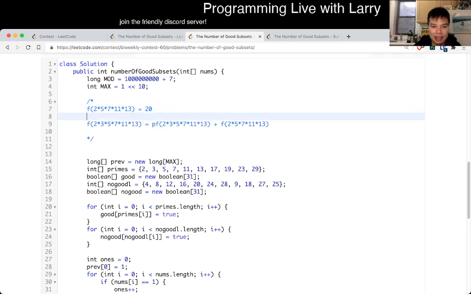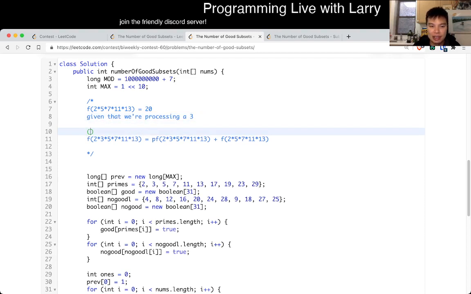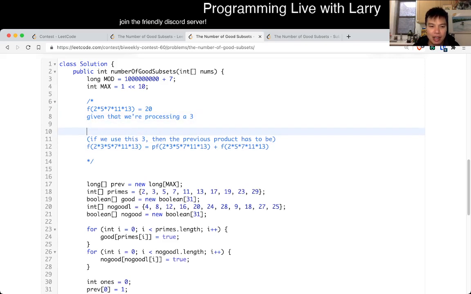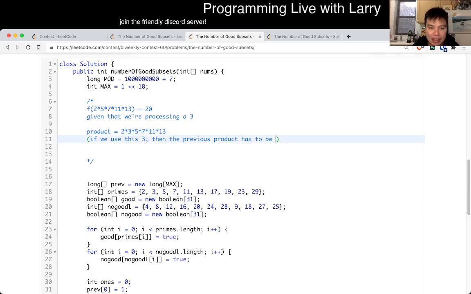So basically, given that we're processing a 3, we can either use this 3. If we use this 3, then the previous product has to be this minus the 3, so it has to be this, right?